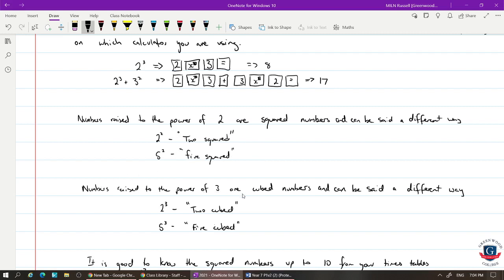Numbers raised to the power of 3 are cubed numbers, and they can be said a different way. 2 to the power of 3 is said as 2 cubed. 5 to the power of 3 is said as 5 cubed. We could just as easily say 2 to the power of 3 or 5 to the power of 3, but the more common way of saying it is 5 cubed and 2 cubed. It's a bit like saying a buck for a dollar. It's a different way of saying the same thing.